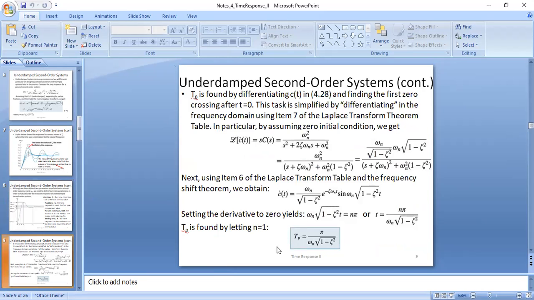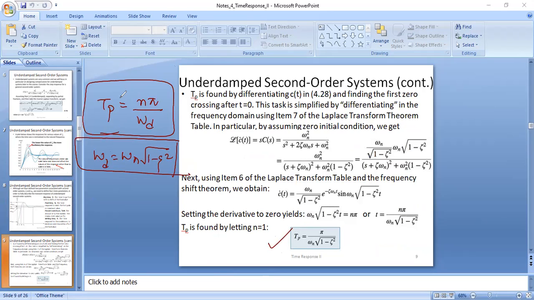Now you can write these formulas directly. I'm jumping to the formula. Write this formula in your copy. Tp is n pi upon omega d. Omega d is what? Omega n under root 1 minus zeta square.